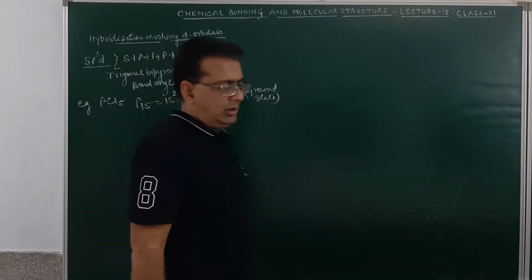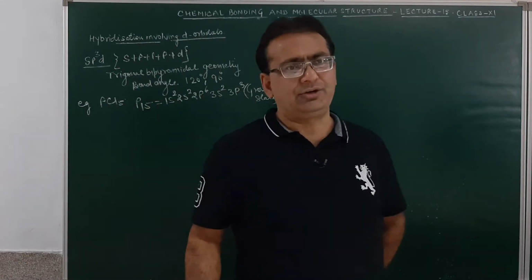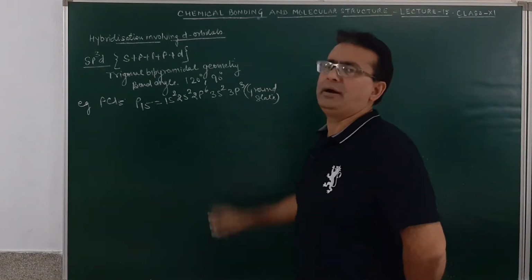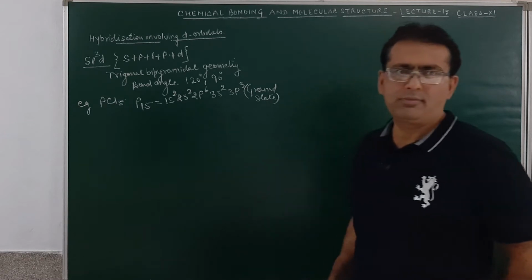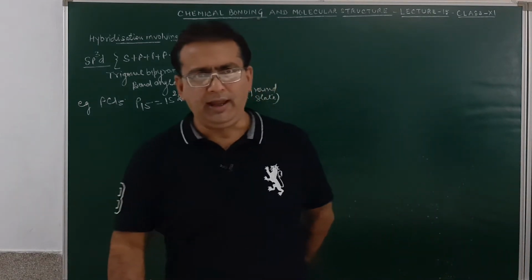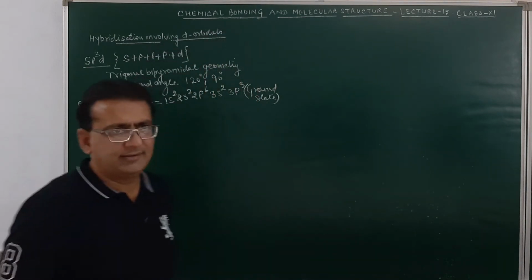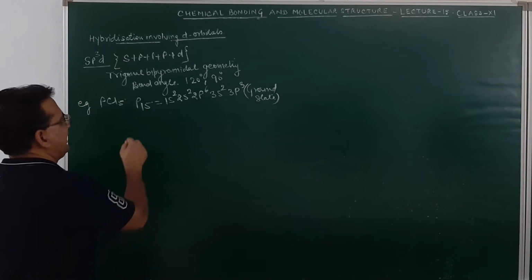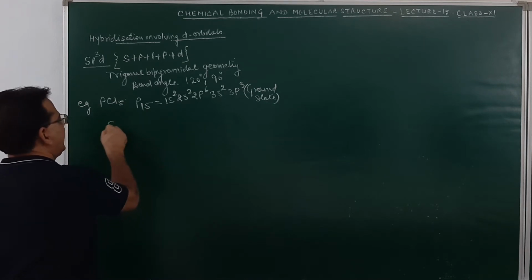Now, in excited state, the electrons first of all have to be unpaired so that the orbitals get singly occupied and then the bonding occurs. How? In excited state, we will write the configuration this way.